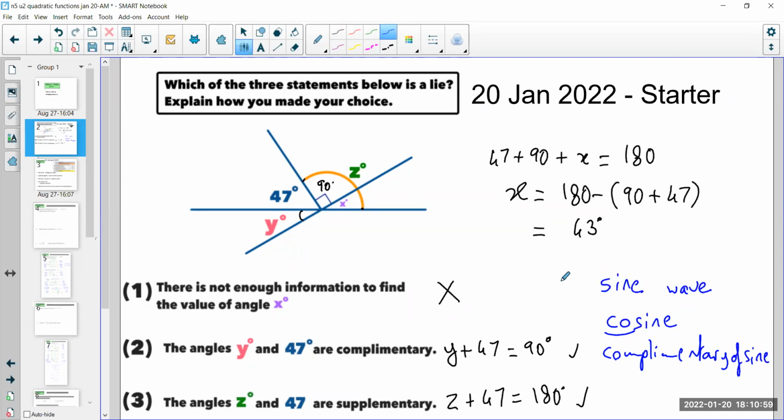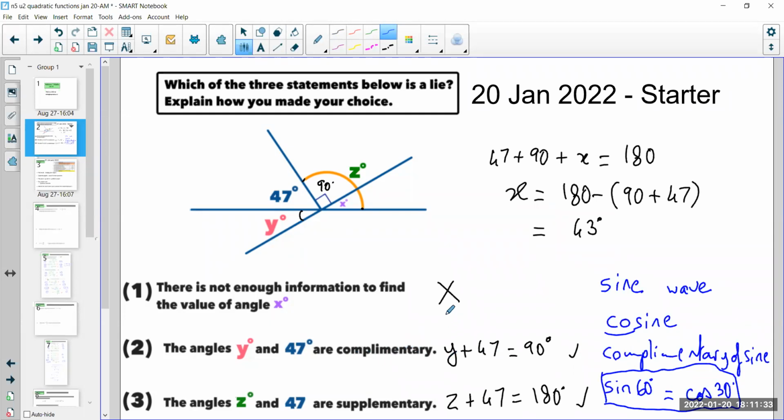When you're going to do sine of an angle, let's say you do sine of 60 degrees, it's going to be equal to cosine of the complementary of 60, which is 30 degrees. So if you've got your calculator, you can check that and it will work because the two angles are complementary, and cosine just means the complementary of sine. Okay, so that's why I wanted to mention that.